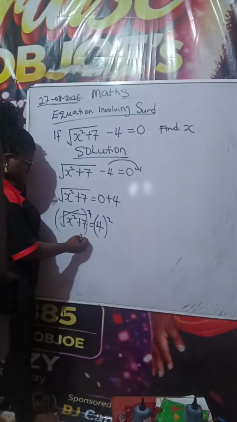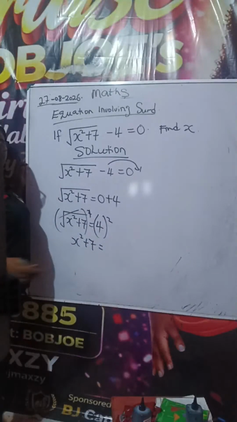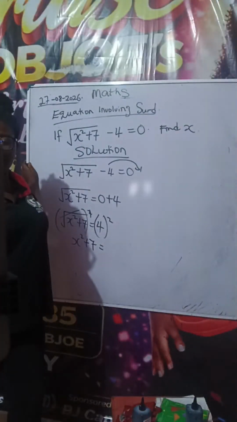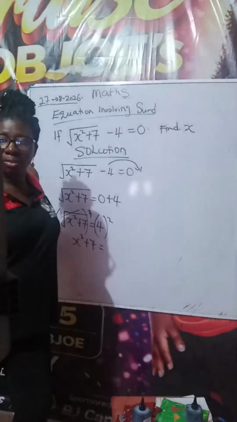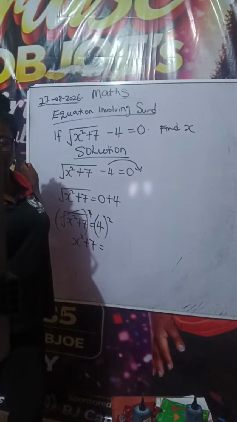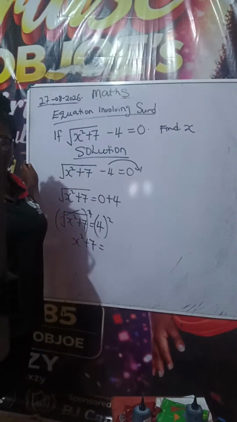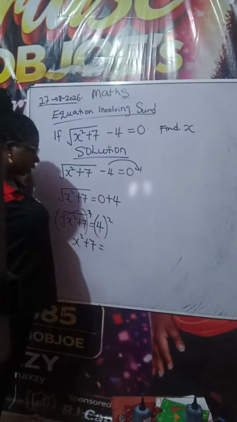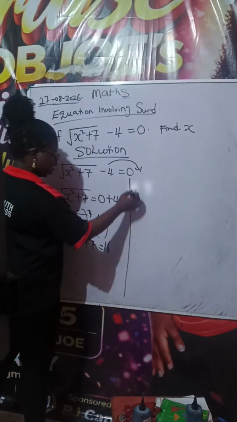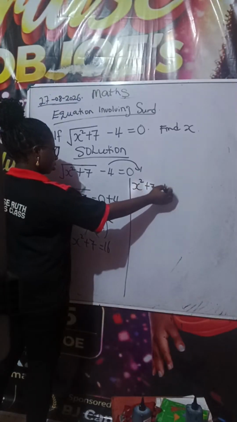I have s squared plus 7 equals 4 squared. Now 4 squared is 16, correct? So that will give us 16. This is what we have left: s squared plus 7 equals 16.